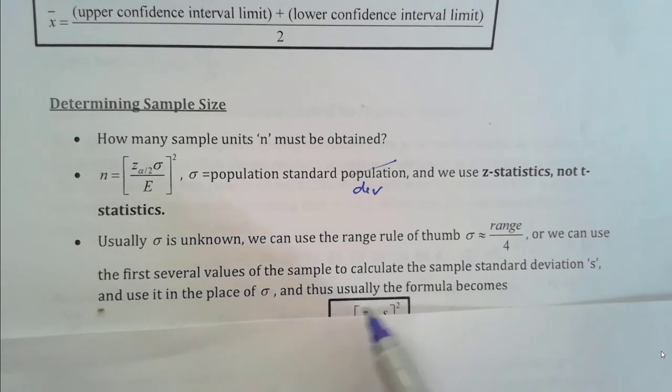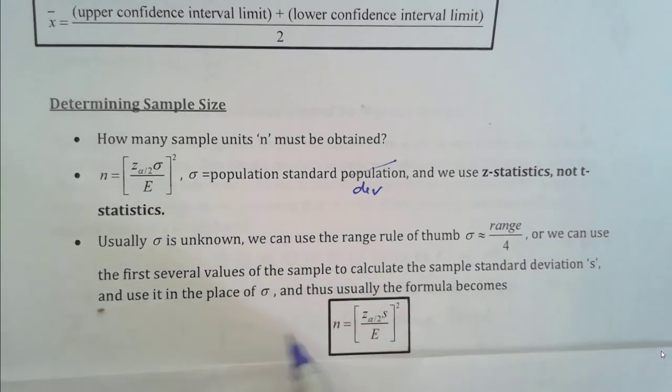And therefore, the formula becomes n equals z alpha over 2, times the small s, this small s is the sample standard deviation, over E, the whole quantity squared.